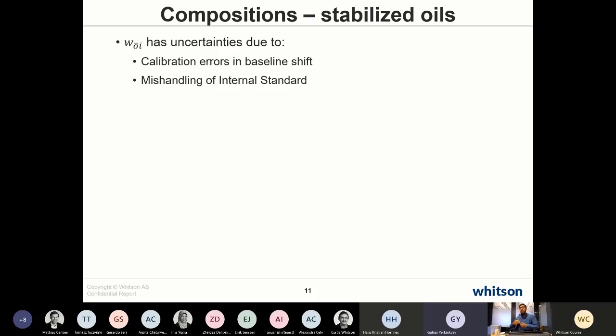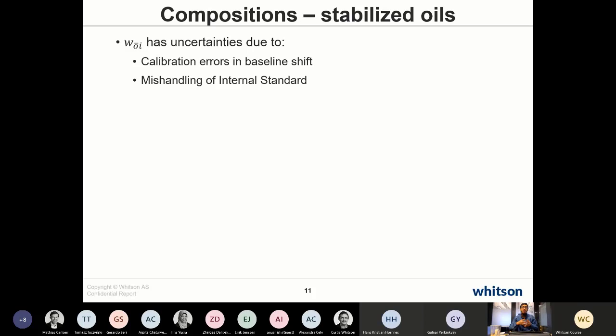Okay, good. So that's exactly right. What we are discussing now is the compositional measurement: how you measure the composition of the different products that you get from the flash.